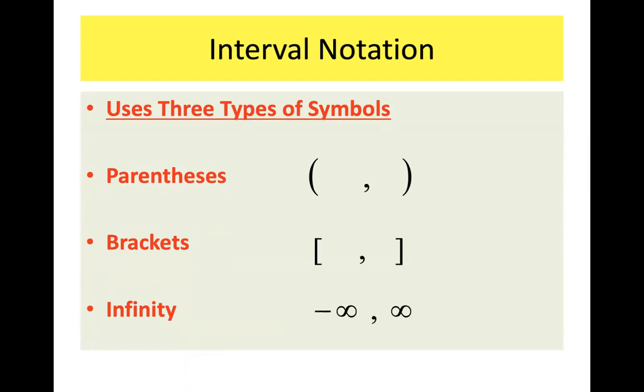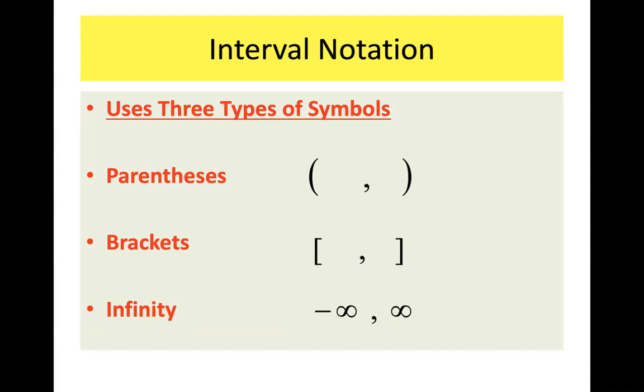And so we have both a positive and a negative infinity. A negative infinity would have a negative sign in front of it. Positive infinity doesn't have a plus. It's just the infinity symbol itself. Just like a negative number has a minus sign in front of it. Positive number, we don't put a plus, but you could if you wanted to.